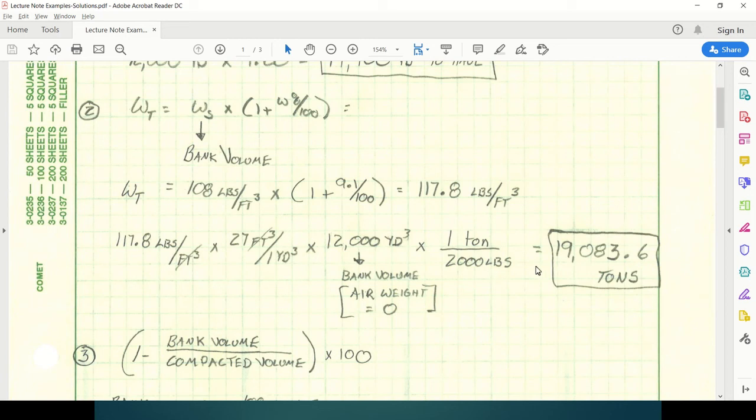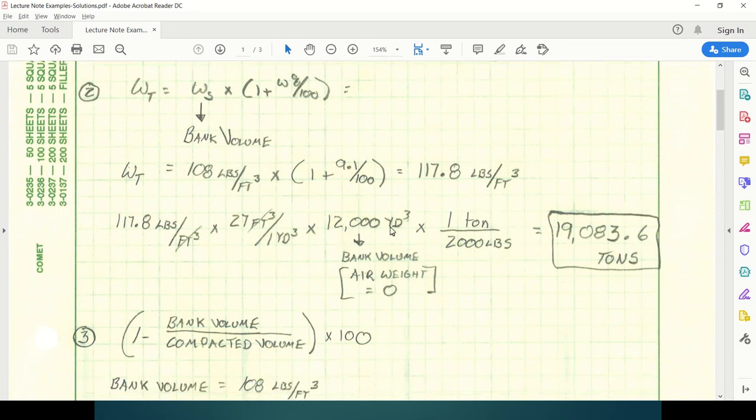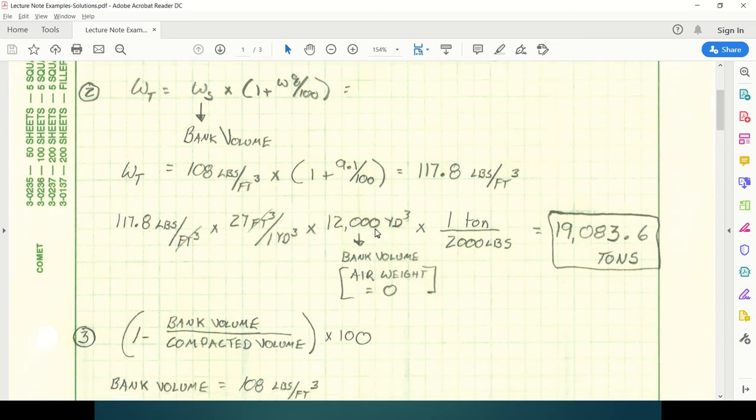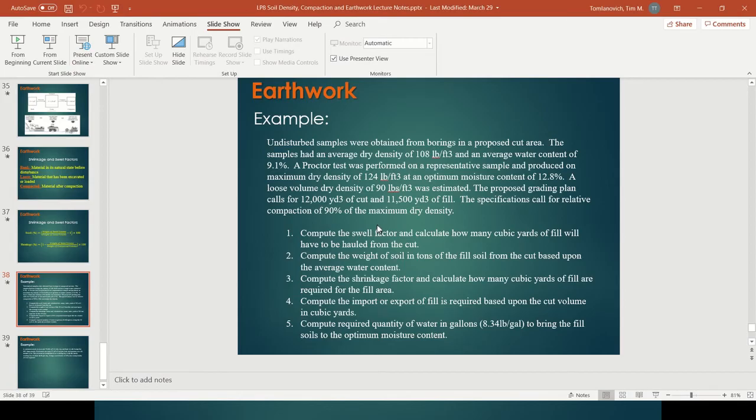Knowing the water content, I should have delivery tickets based on tonnage, so you'd be able to look at the slips. So remember, we're always measuring our calculations from bank volume, because this is what was in place, and the moisture content is the in-place moisture content, not loose volume. So that's number 2.